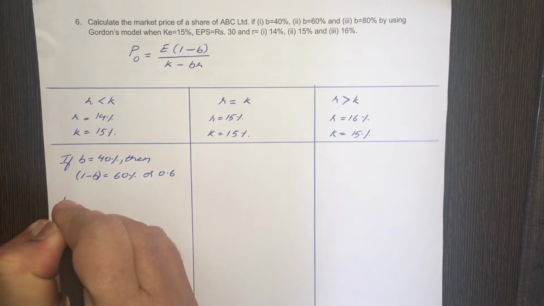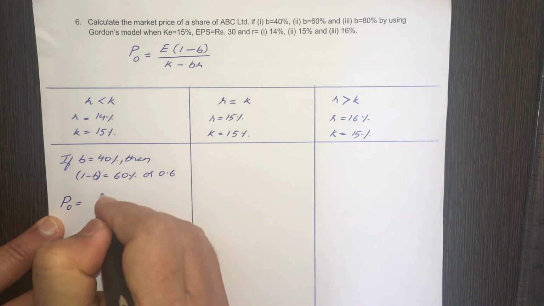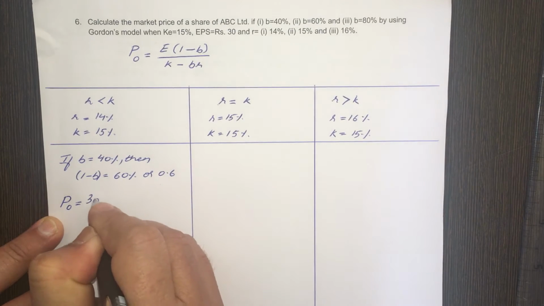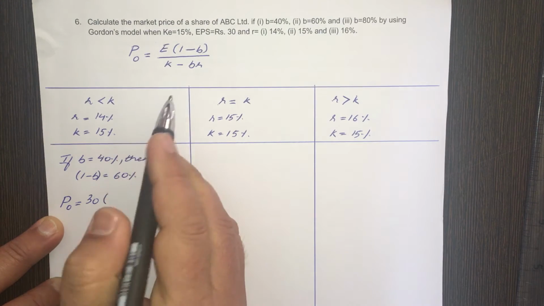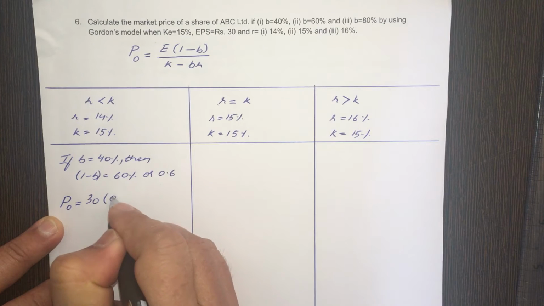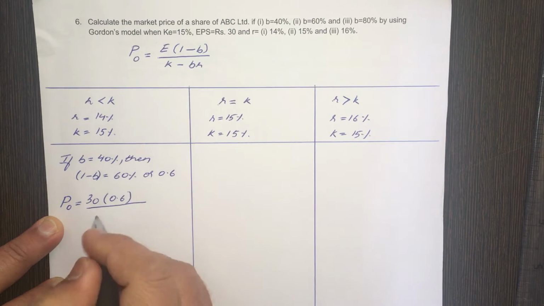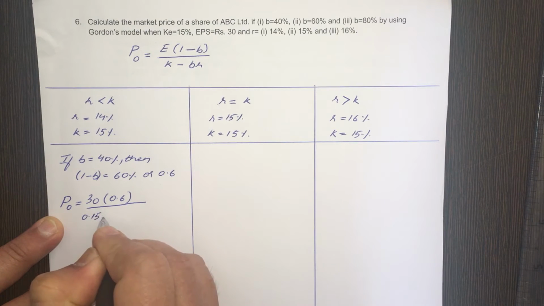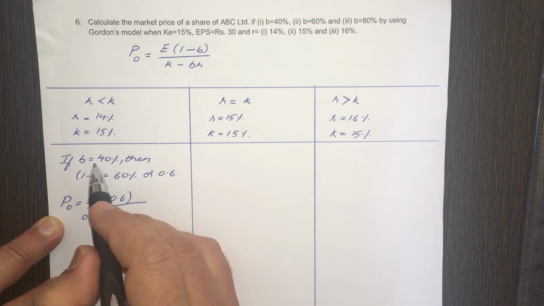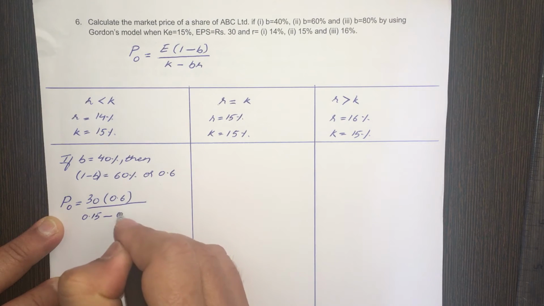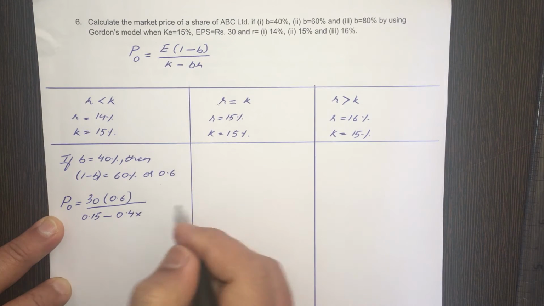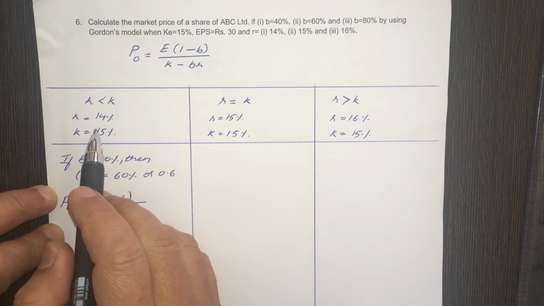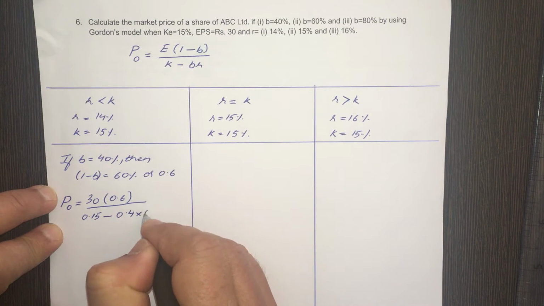Okay, so P0 is equal to E, earnings per share, into 1 minus b, which is 0.6, divided by k, which is 0.15, minus b, 0.4, into r, which is 14%, so 0.14.